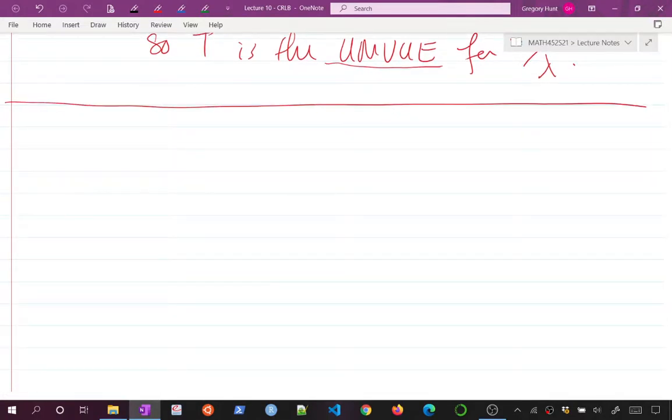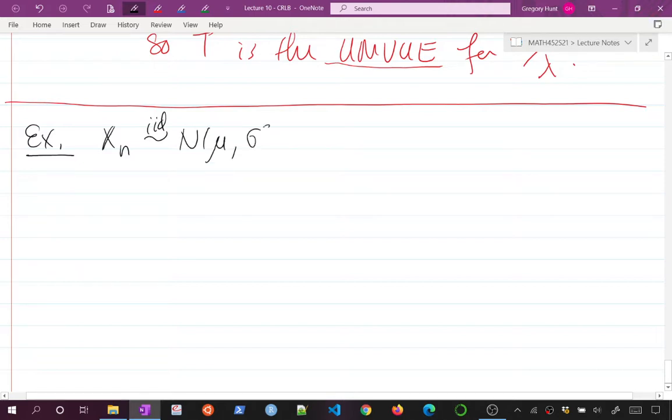Okay, what are some other fun distributions we have here? Let's go back to our favorite, the normal distribution. Let's say the X n's are IID from a normal mu, sigma squared distribution, and sigma squared is known. Why do we say sigma squared is known?